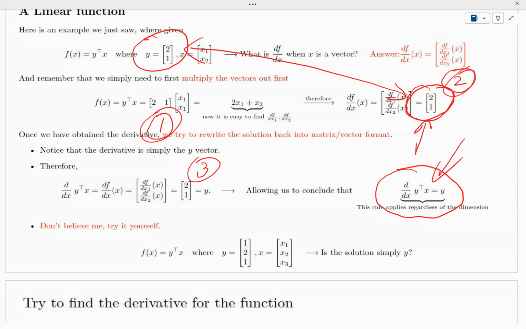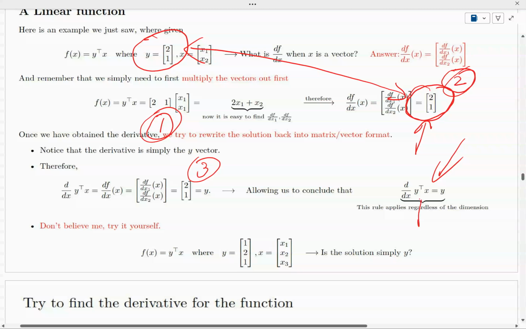And this is regardless of the dimension of the data. You can essentially use any vector. So let's try it. Over here, this is the equation. The only thing that's different is now we have a different vector y and a different vector x. Now it's three dimensions.